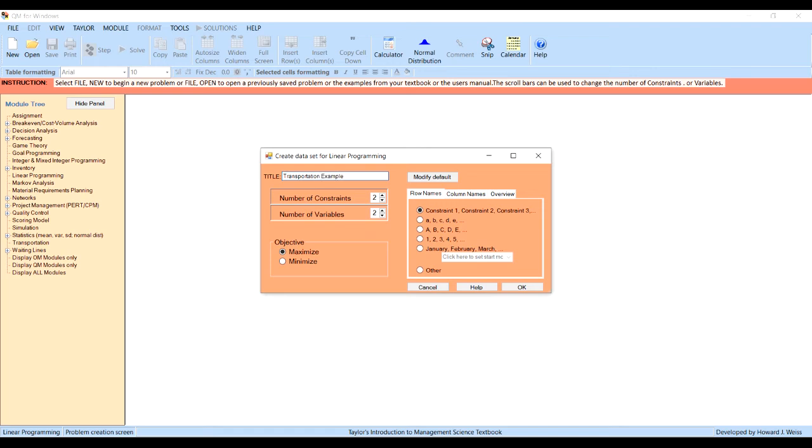Now, how many constraints do we have? We saw during the question formulation that we have 6 different constraints. Variables. This is more complicated. We have 3 possibilities for delivery, 3 possibilities for receiving. That will be a total of 9 different variables.